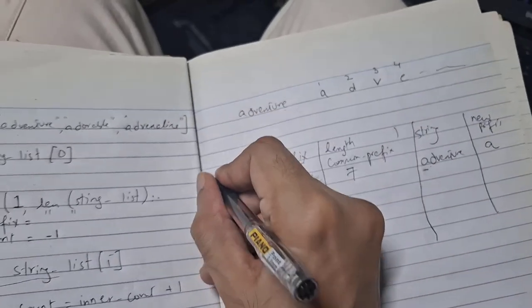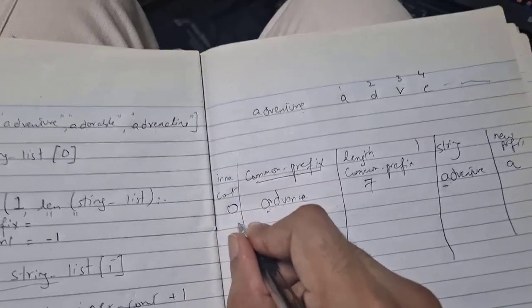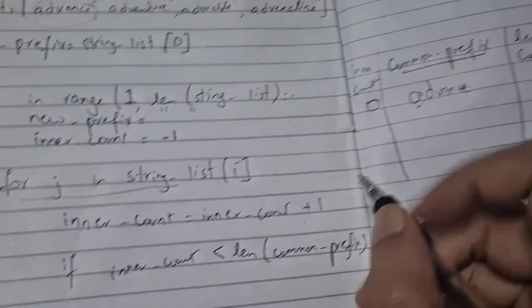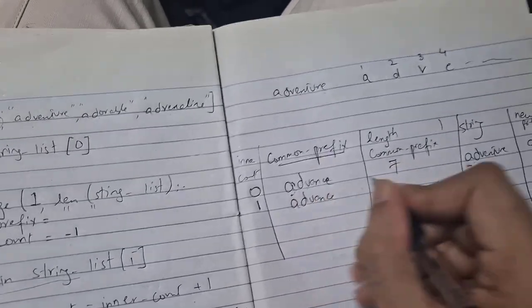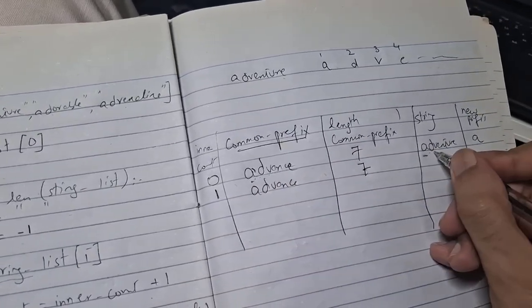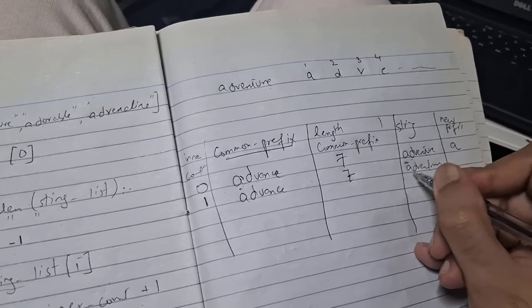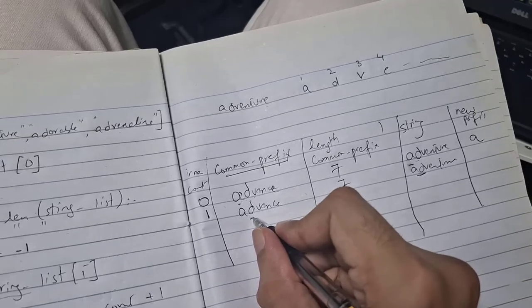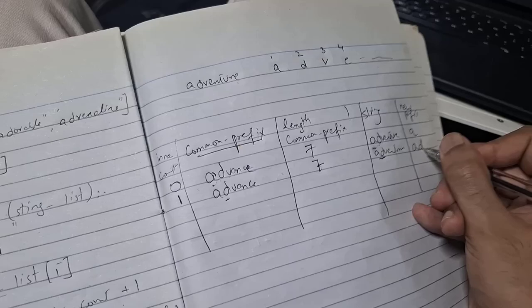And the inner count at this stage is 0. Now when the inner count is incremented by 1, it becomes 1. The common prefix, advanced, its length is 7. Now we would be comparing D. Does D exist in advanced? Yes. So the new prefix would become AD.